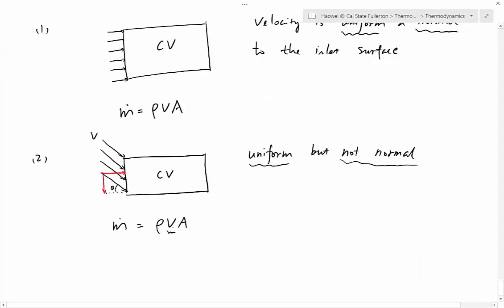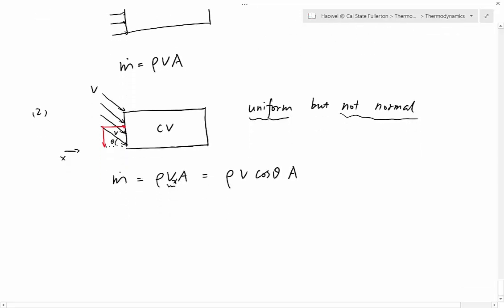The V you should be using is Vx, velocity in the x direction, not the perpendicular in the y direction. Okay, so how do we write Vx? It's going to be V times cosine theta, and then times area. This is case number two, when the velocity is uniform but not normal to the surface.